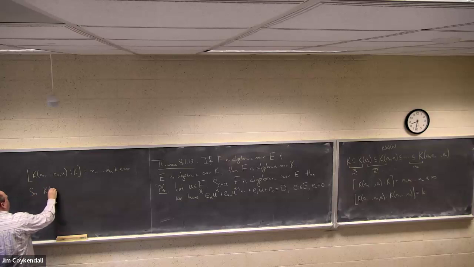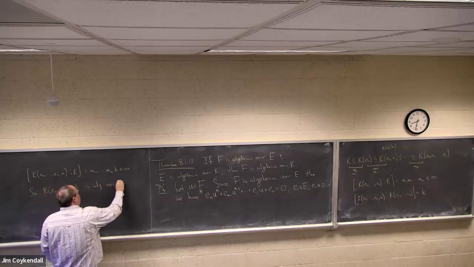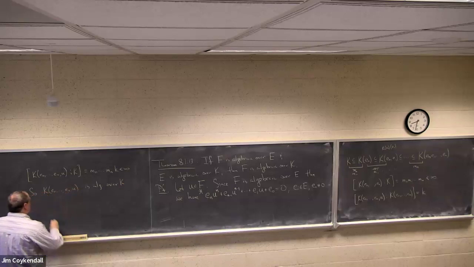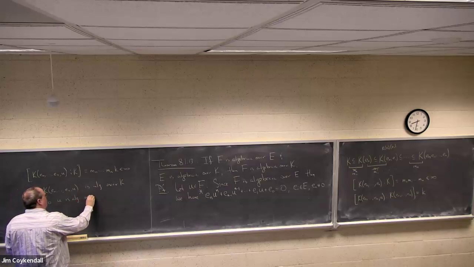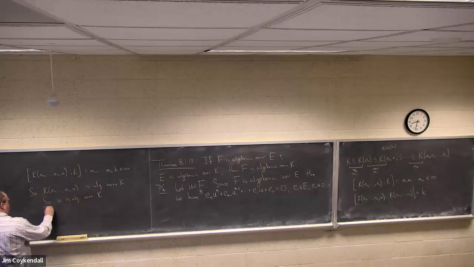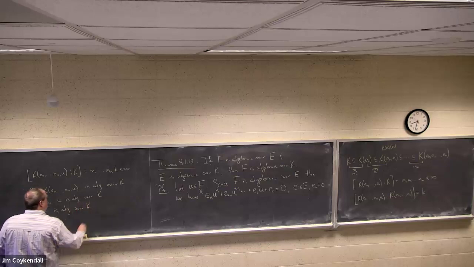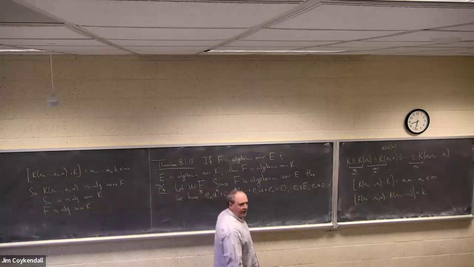So K E naught E N U is algebraic over K. So U is algebraic over K. But U in F was arbitrary, so any element of F is algebraic over K. This is kind of an important idea using the field extension.